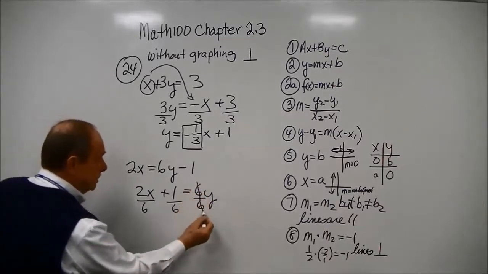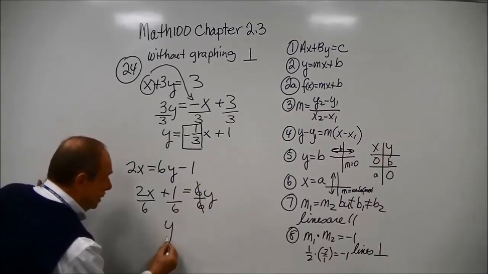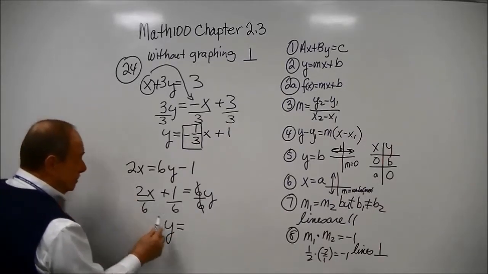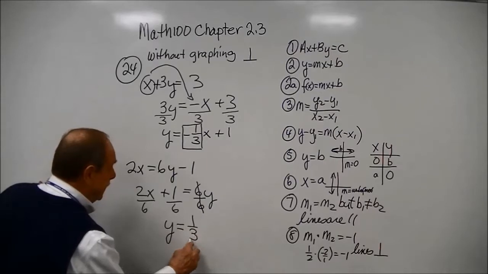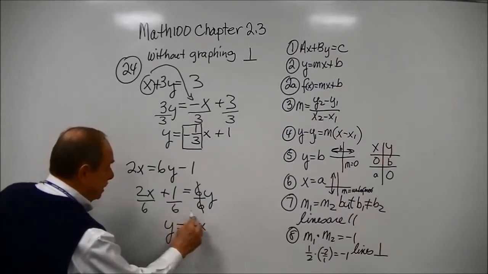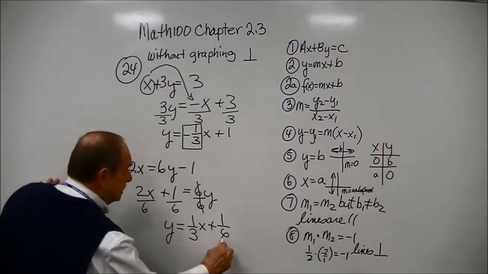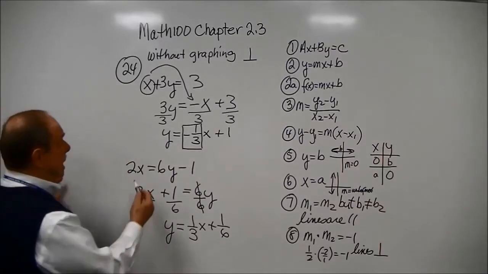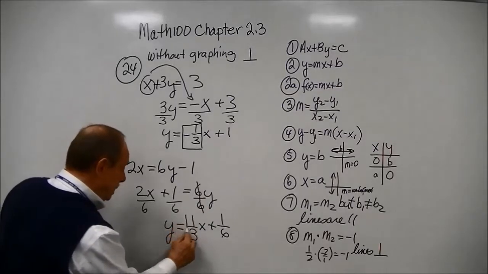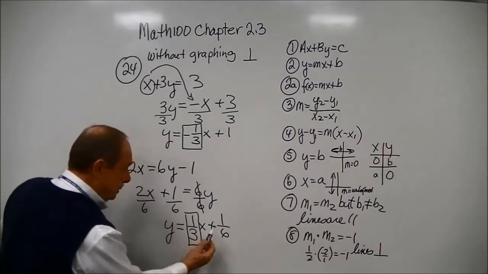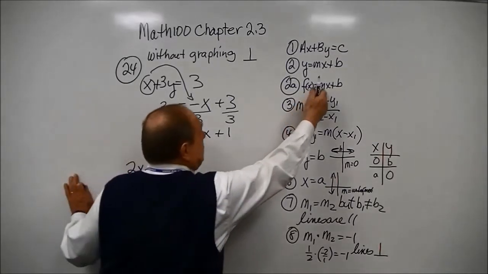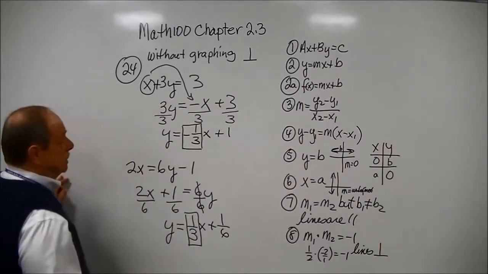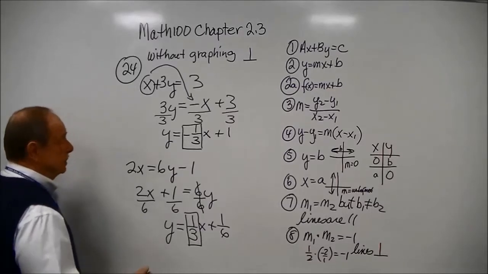Now this becomes a 1, so I'll put the y here. This 2/6 becomes 1/3 x plus 1/6. So the slope now of my second equation is the numerical coefficient of the x, which is my m here, and it's 1/3.